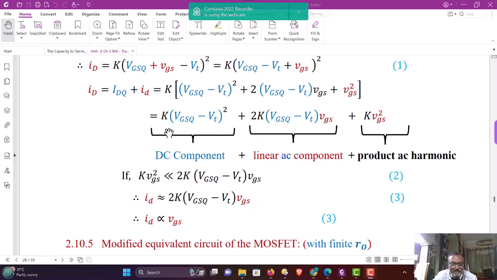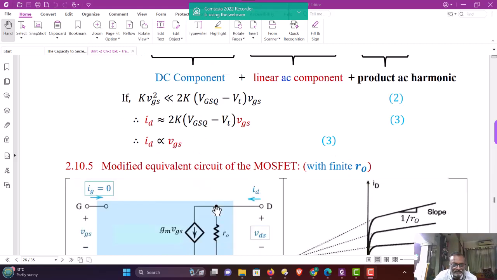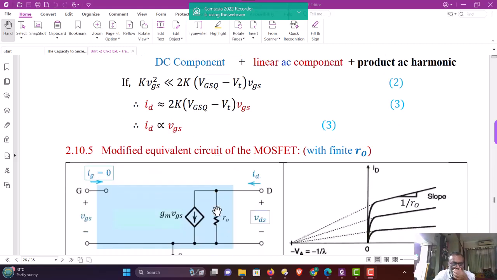The DC part is ignored here because we are only considering the AC part. Therefore from this equation, we can note that id is proportional to vgs and the proportionality constant is twice K into VGSQ minus VT. Equation number 3.